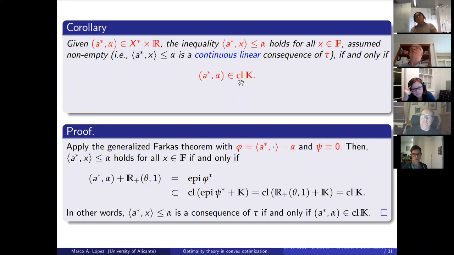In other words, I will say that this inequality is a continuous linear consequence of my system if and only if the member (A star, alpha) of the product space belongs to the closure of K.